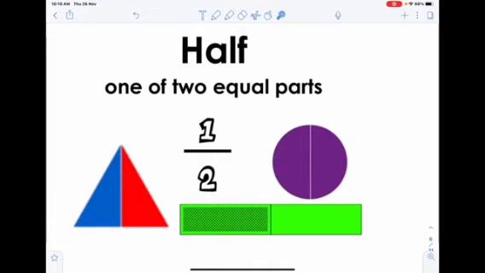Half is nothing but one of 2 equal parts, correct? Everywhere in the 3 figures, be it a triangle, circle or a rectangle, I have 2 parts. The whole thing is divided into 2 equal parts, and even the circle is divided into 2 equal parts. Even the rectangle is divided into 2 equal parts, that is 1 and 2.